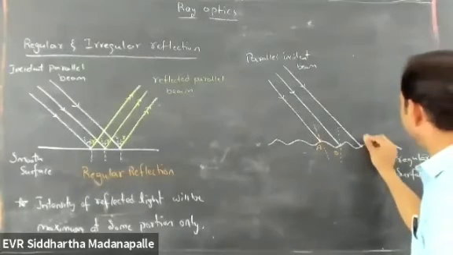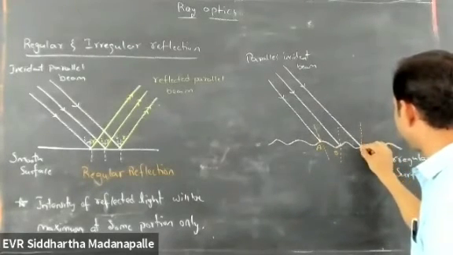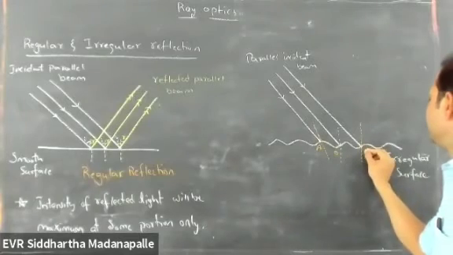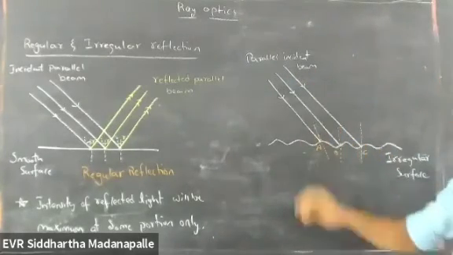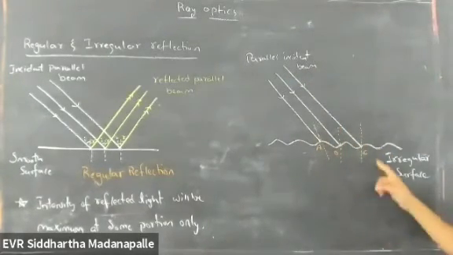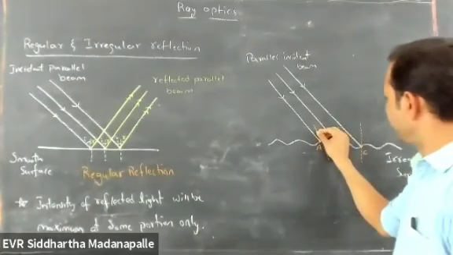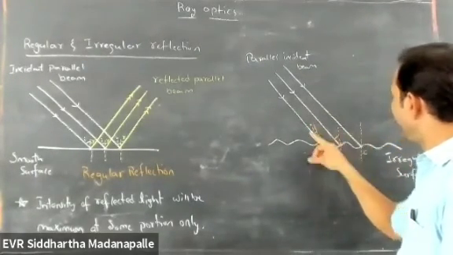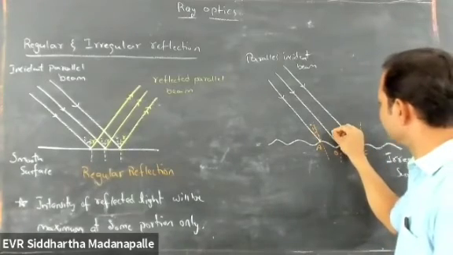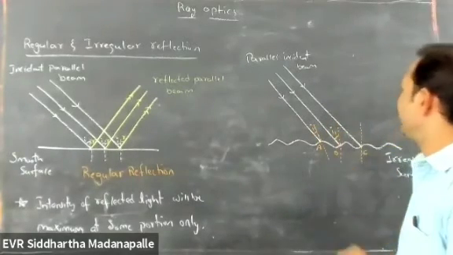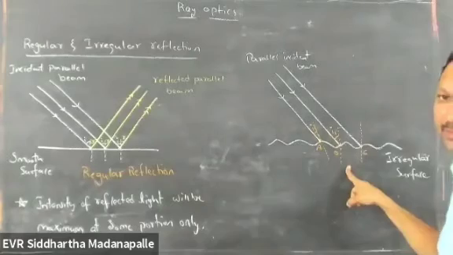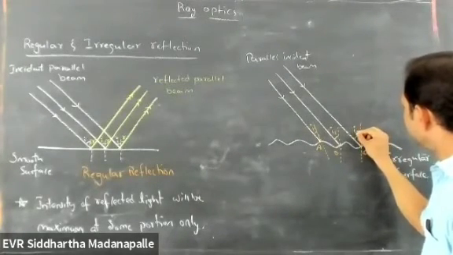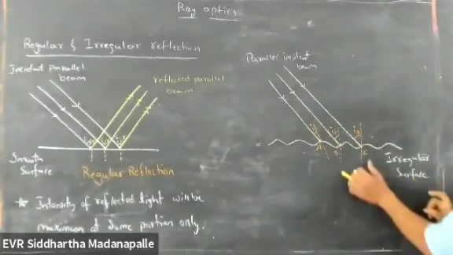At this point, this is the normal here. Let us consider C is the point of incidence of the third ray. Are the normals the same here? If I is the angle of incidence here, will the same I be there here? No. Let us consider this is I1. So I1 is the angle of incidence at the point B. Let us consider I2 is the angle of incidence at the point of incidence C.